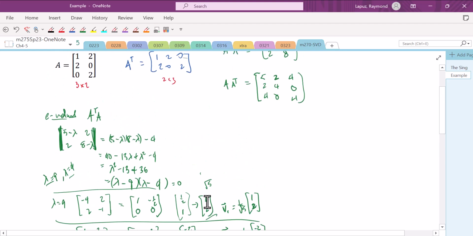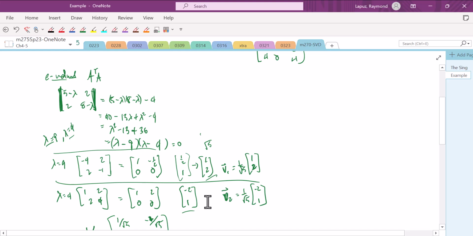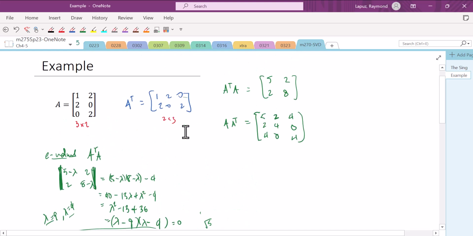Now let's work on this matrix and explore its eigenvalues and eigenvectors.